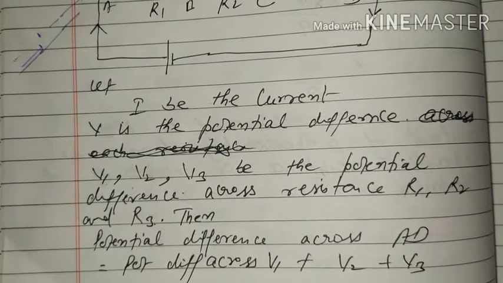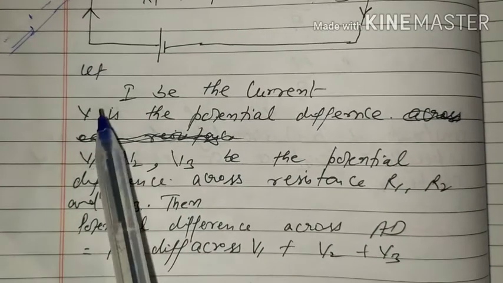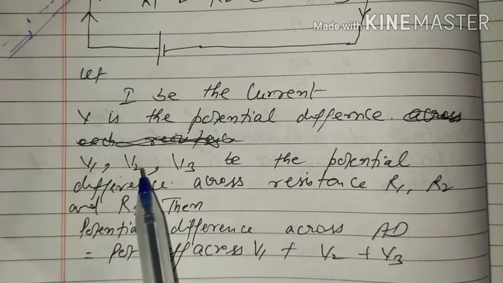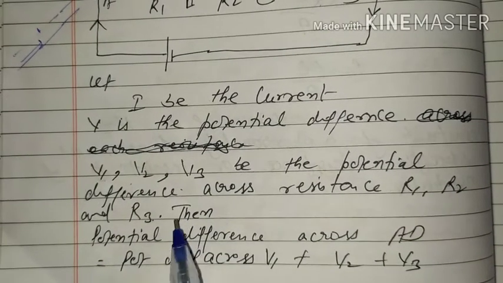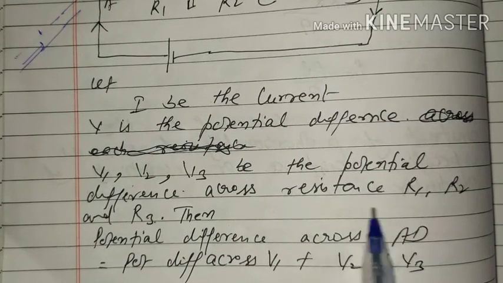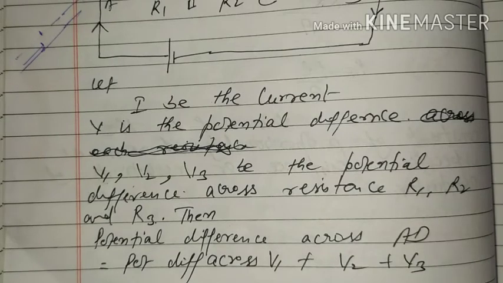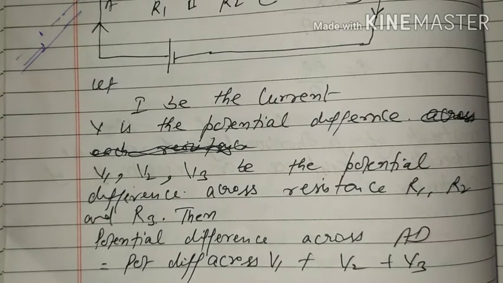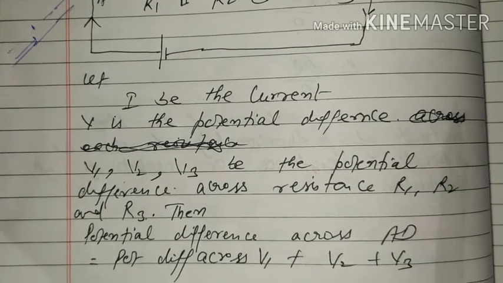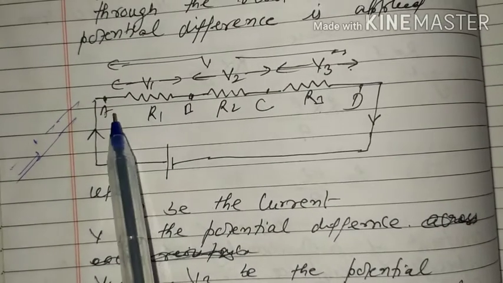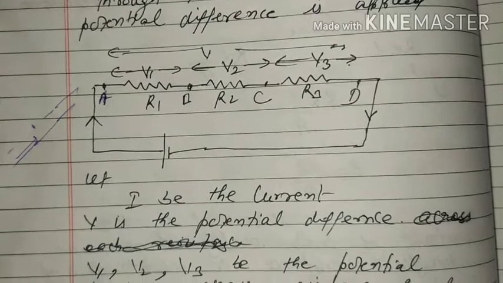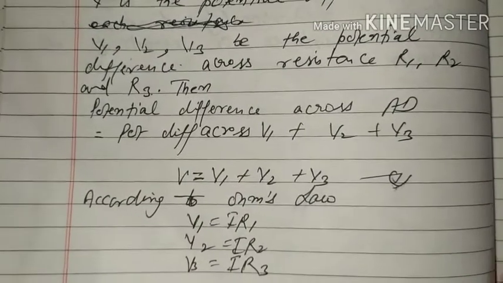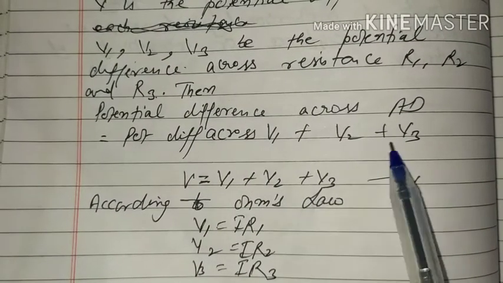Let I be the current, V be the potential difference, and V1, V2, V3 be the potential differences across resistances R1, R2, R3. Means in R1 the potential difference is V1, in R2 it is V2, and in R3 it is V3. Now the potential difference across AD is the total potential difference, that is V1 plus V2 plus V3.